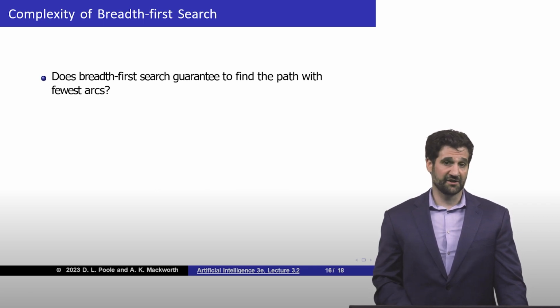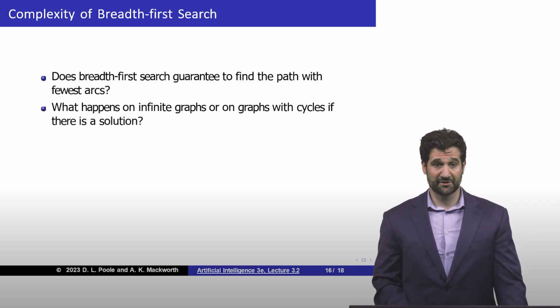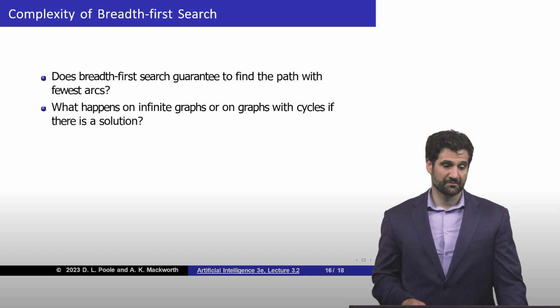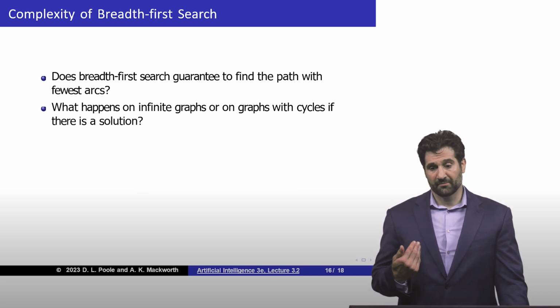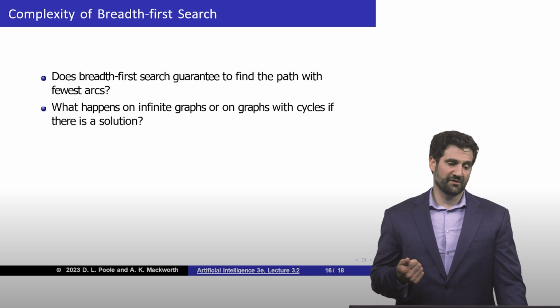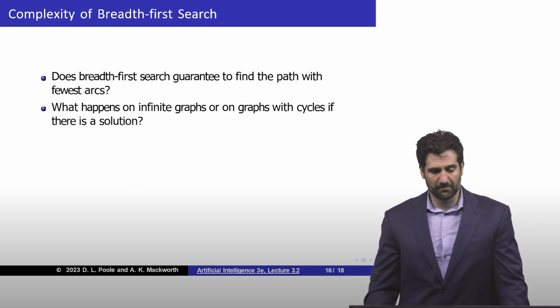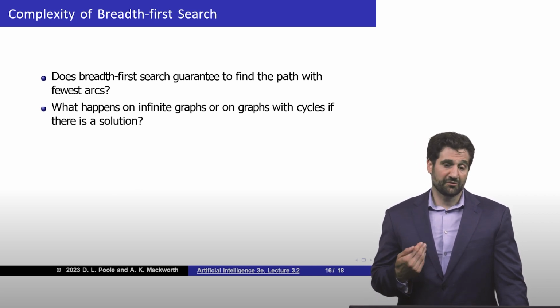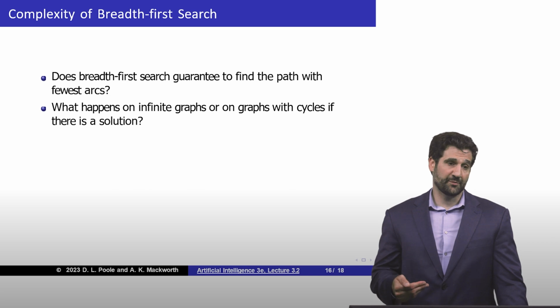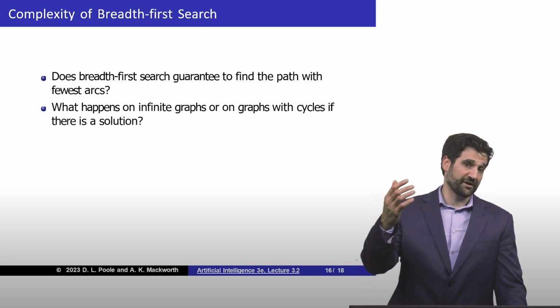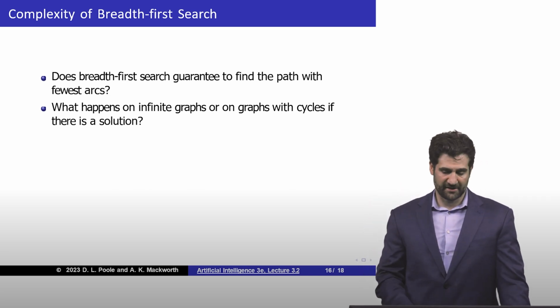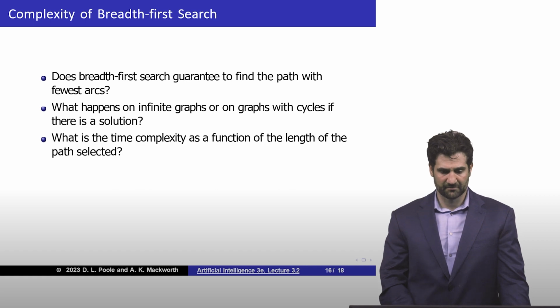And so does it guarantee to find a path with the fewest arcs? Absolutely. But what happens with infinite graphs or graphs with cycles if there is a solution? Well, here, it does have the potential to not terminate. But you don't have the same type of risks of going into the kind of attractor that depth-first search has.